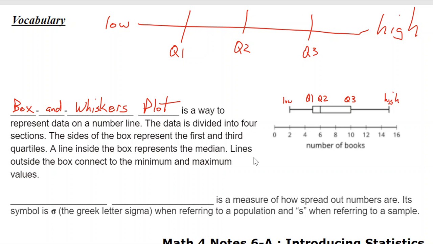It is a fairly easy way of looking at the numbers and telling, because this box in the middle, that's where the important stuff is. That is the middle half of your group when you think about it.